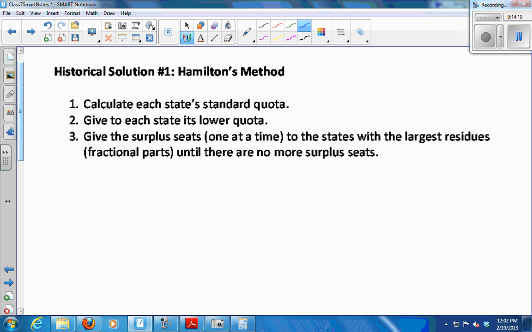So Hamilton's method calculates each state's standard quota, gives each state its lower quota, rounds them all down, and then gives the surplus seats one at a time to the states with the largest residues. Residues are just the decimal parts. So that's exactly what you described earlier, until there are no more surplus seats.